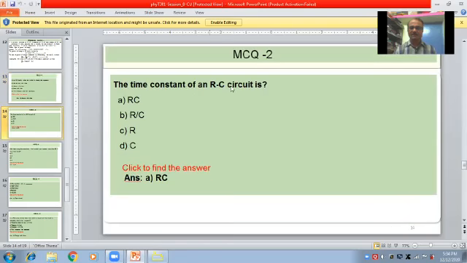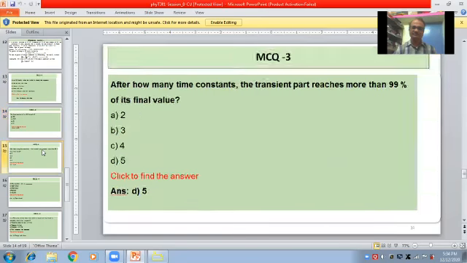The time constant of an RC circuit is RC. As I told just now, the product of resistance and capacitance is called the time constant. And after how many time constants does the transient part reach more than 99% of its initial value? It is 5 times, because we put t is equal to 5 RC in the voltage equation or the charge equation.